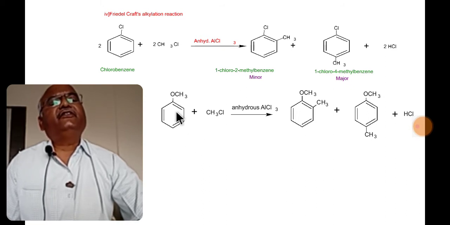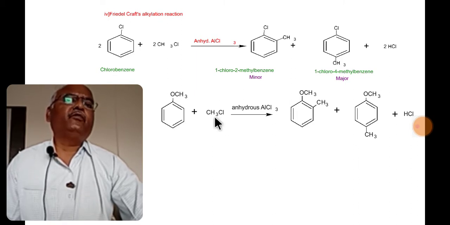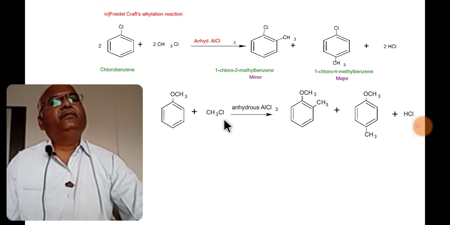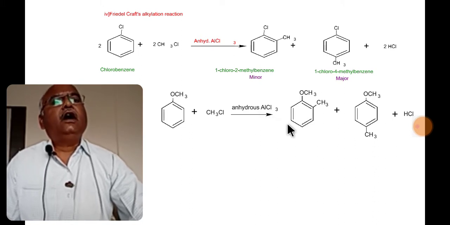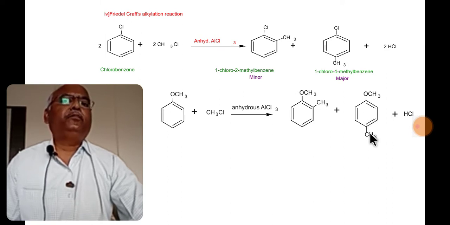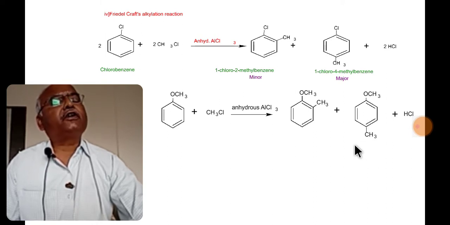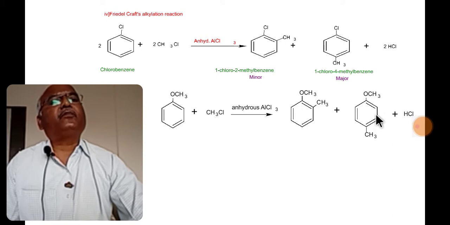Similarly, this is methyl phenyl ether. It is treated with methyl chloride in presence of anhydrous aluminum chloride. Again, ortho and para products are produced. Para product is the major product, whereas ortho product is the minor product.